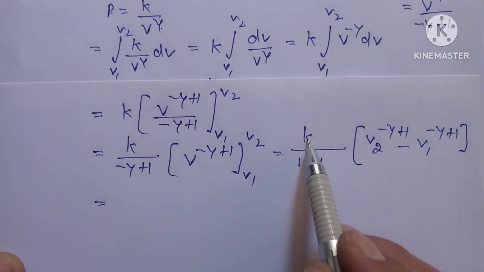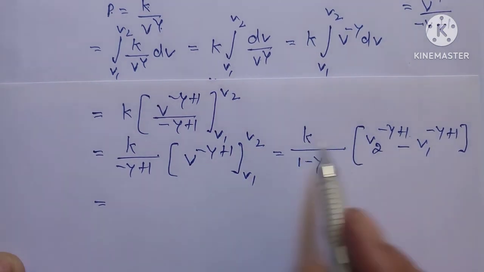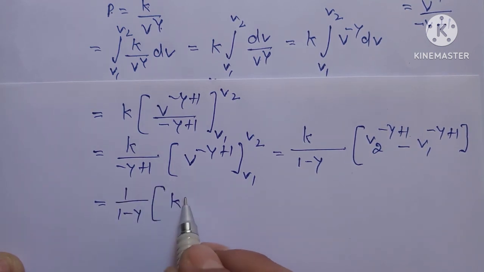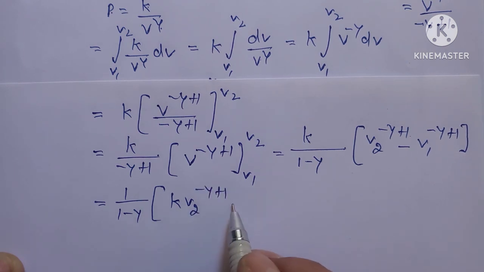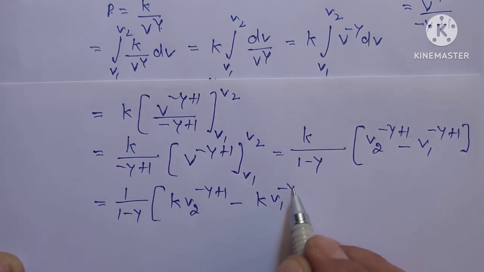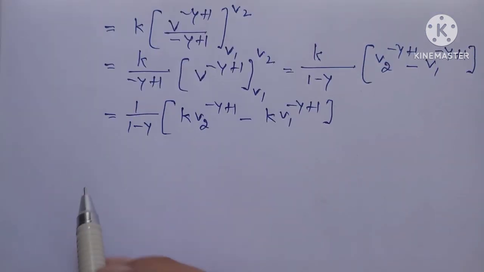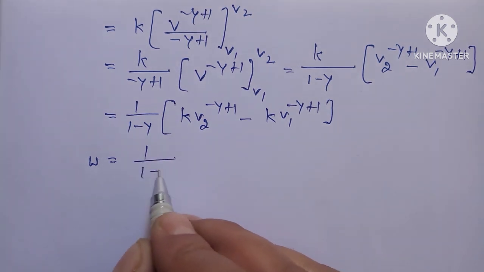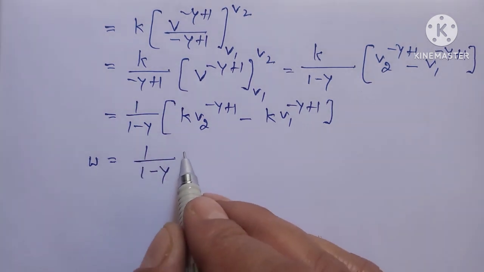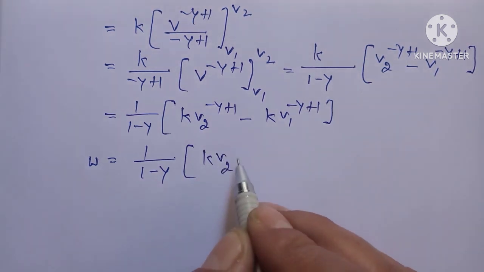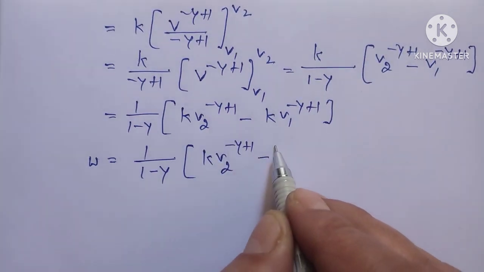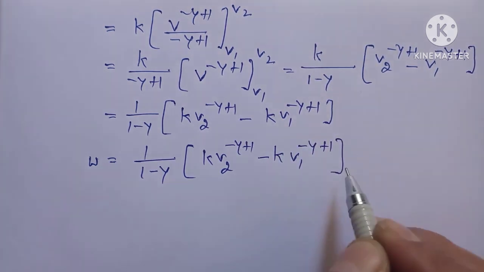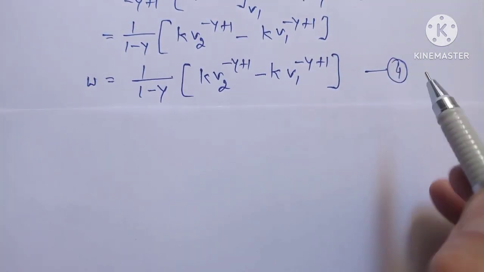Now we multiply with K inside, we get 1 over (1 minus gamma) times (K V2^(-gamma+1) minus K V1^(-gamma+1)). So work done is equal to 1 over (1 minus gamma) times (K V2^(-gamma+1) minus K V1^(-gamma+1)). Let this be equation number 4.